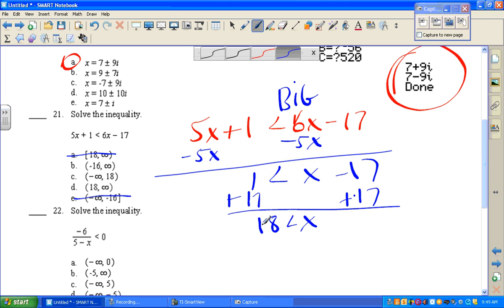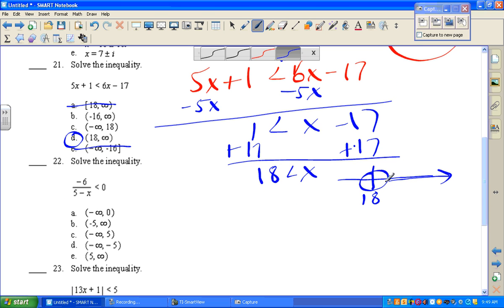No. Why is it D? Because on this one, it wants all x's that are bigger than 18, so it's going to be an open circle, it's not equal to, and an arrow to the right. If it was a closed circle, it would have been A. Okay, open circle, closed circle, arrows, negative infinity, positive infinity, and union signs.